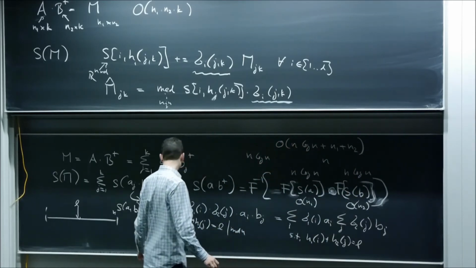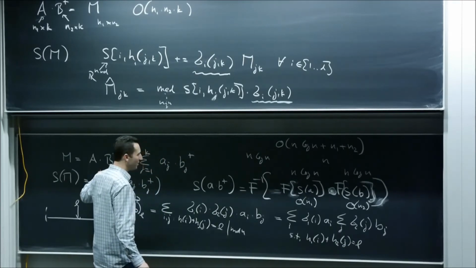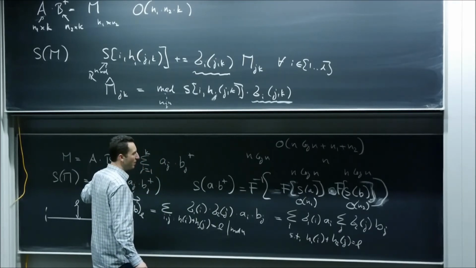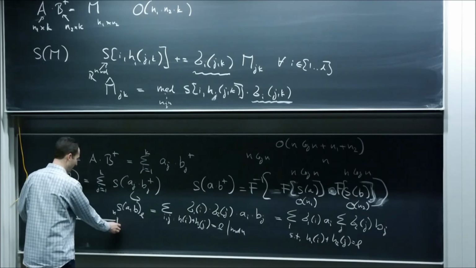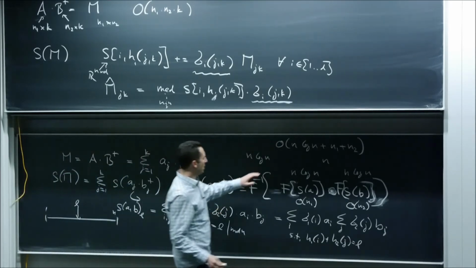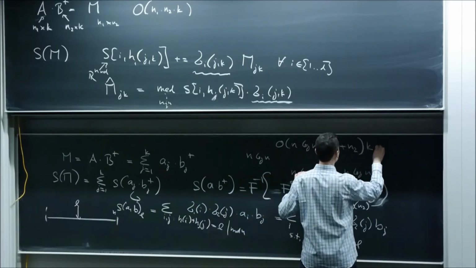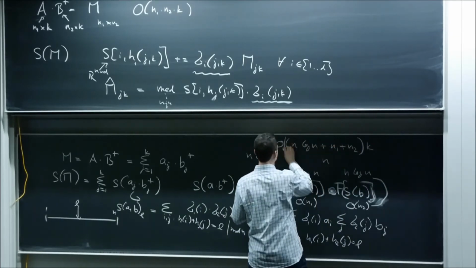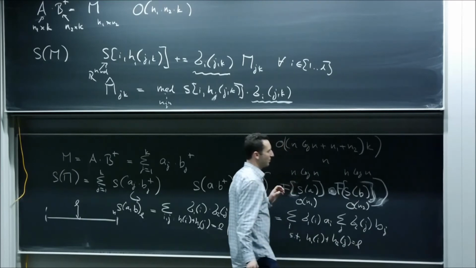Now, we need to do this k times, right? So n is the size of the sketch, right? So now I'm going to multiply this by k. And that's it.